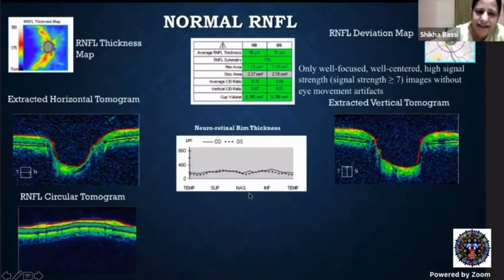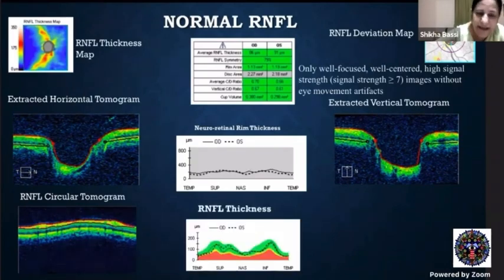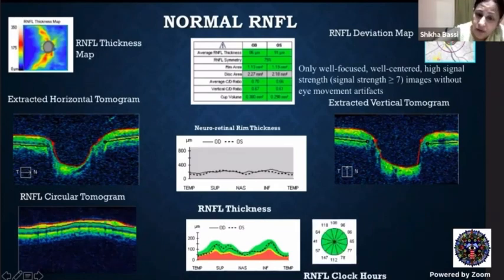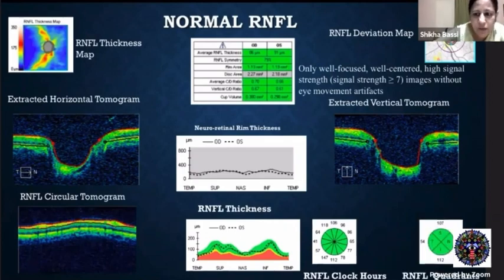Next, we get the neuroretinal rim thickness, and here this is also compared with the normative data. And this circle, the thickness of the RNFL along this circle is displayed here as TSNIT, and it is compared with the normative data for both the eyes in the RNFL thickness map. We can also get the RNFL clock hours and quadrants, where the averages in these areas are compared with the normative data. So this was about the RNFL analysis.